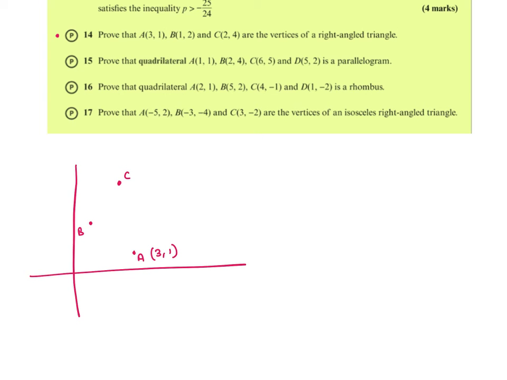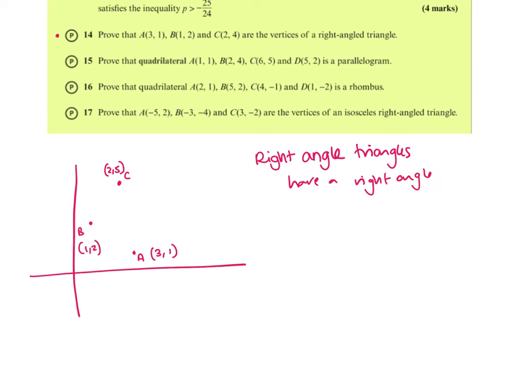Now, can someone tell me what facts do we know about right-angled triangles? Absolutely, Guida. They have a right angle. Okay, so if they have a right angle, what does that mean? We could use Pythagoras. What else could we use?